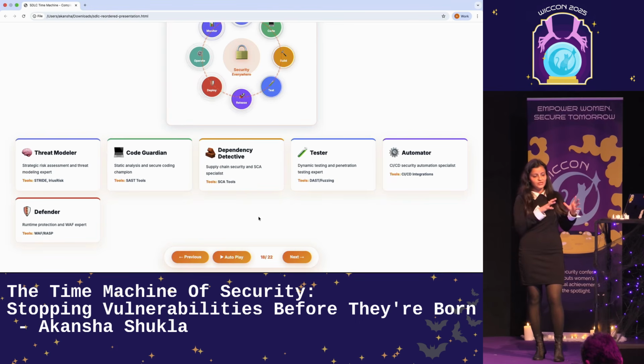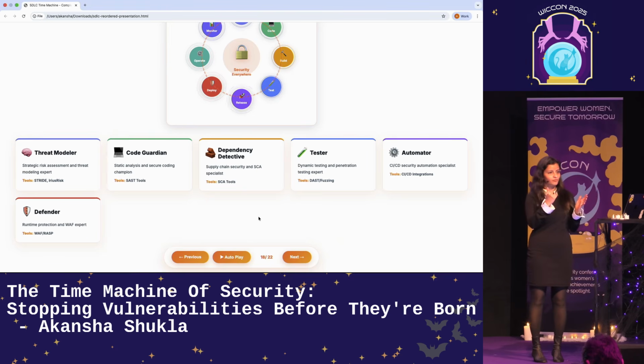So if you see all these 6, they could be different security professionals. But if you see them as one team, then definitely they are a powerful DevSecOps Avenger, and they are not working as dev or ops. They are embedding security in between, not as a siloed team, but as one individual power as a team.